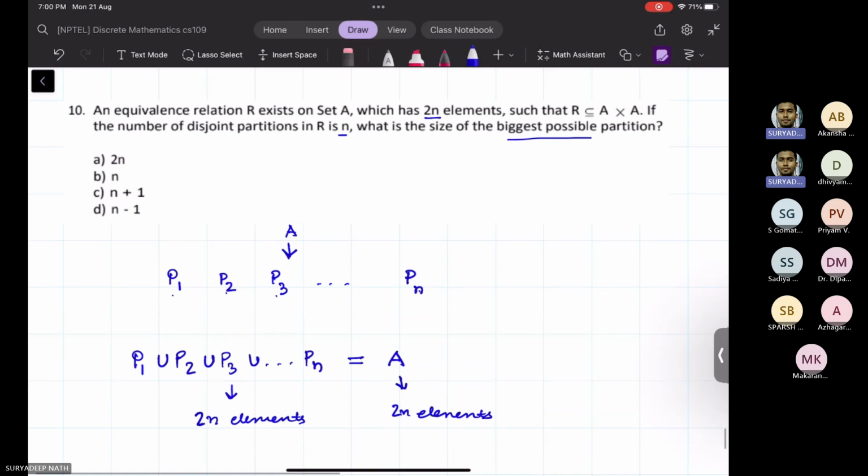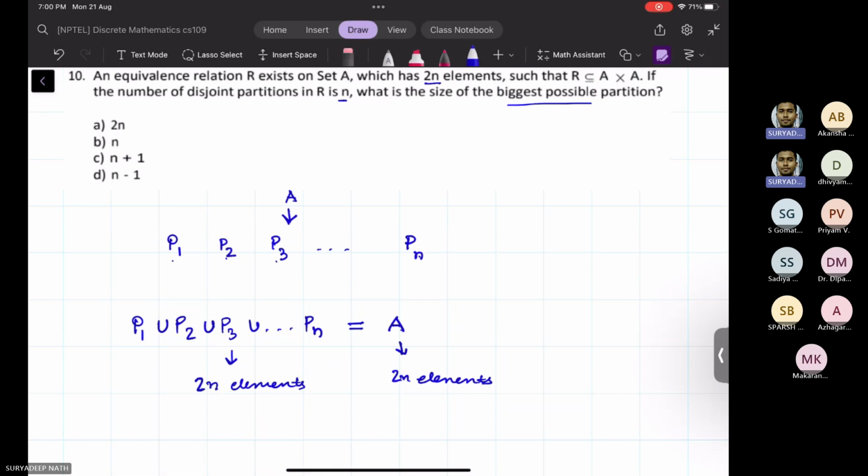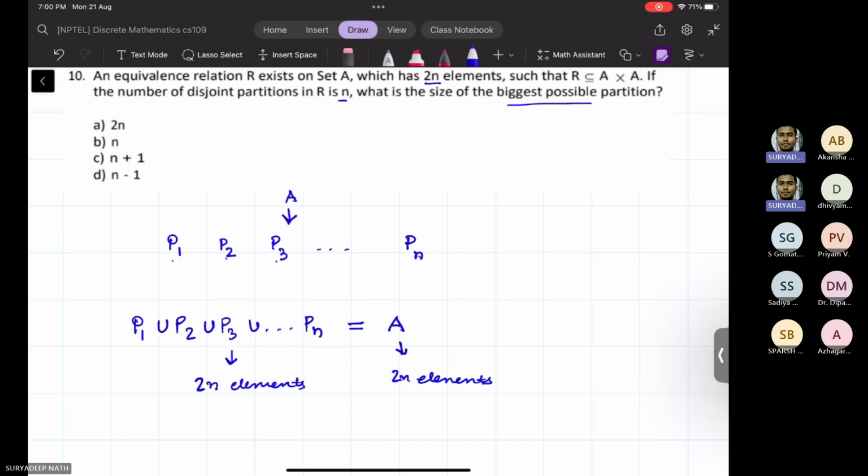Suppose you have 2n balls and you are putting them in n boxes. What is the maximum number of balls that you can put in a box such that each box has at least one ball in it?